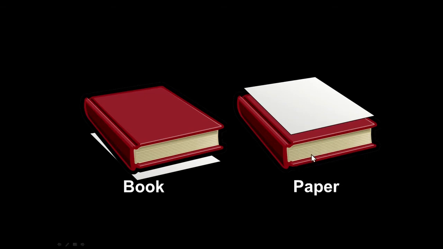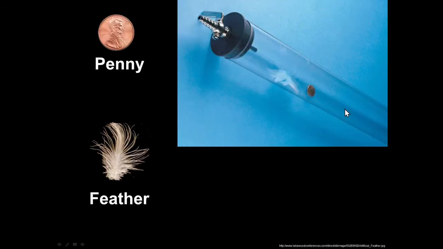That's because the book is clearing the air out of the way, allowing the paper to freely fall. And hopefully you've seen a demonstration, a video of this somewhere, but if you were to put a feather and a penny in a vacuum and get rid of the air, a penny and a feather would fall at the exact same rate. And that experiment was done on the moon.